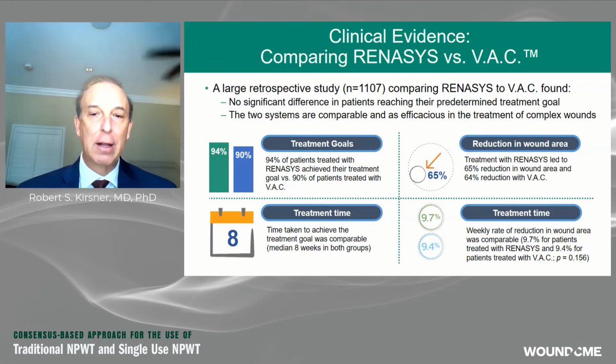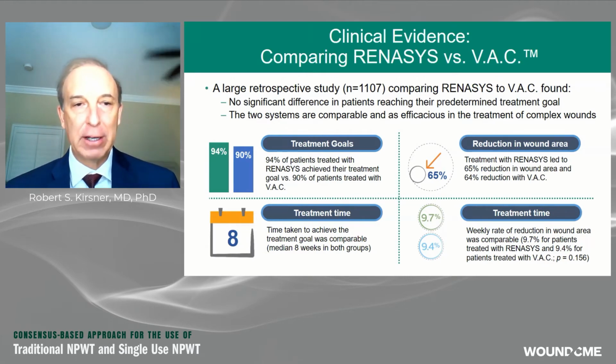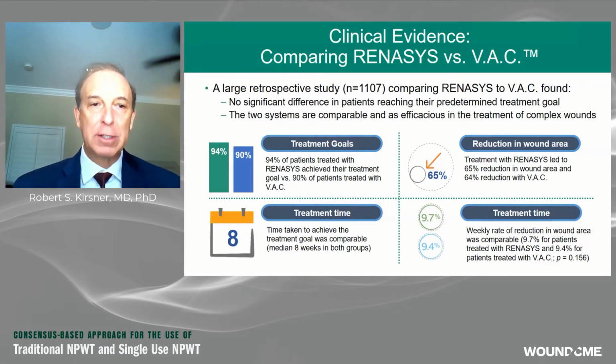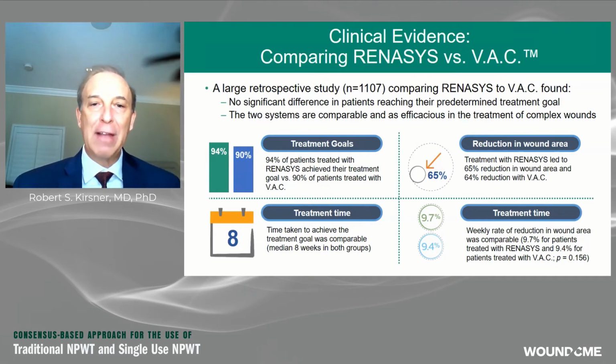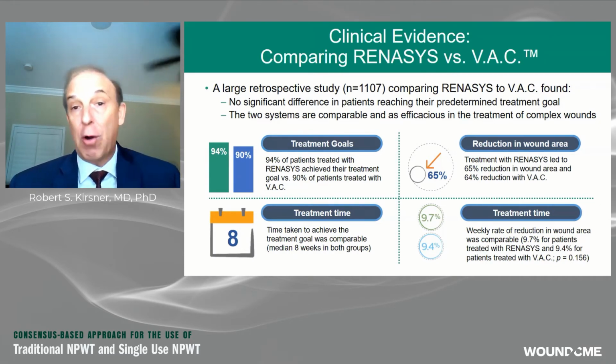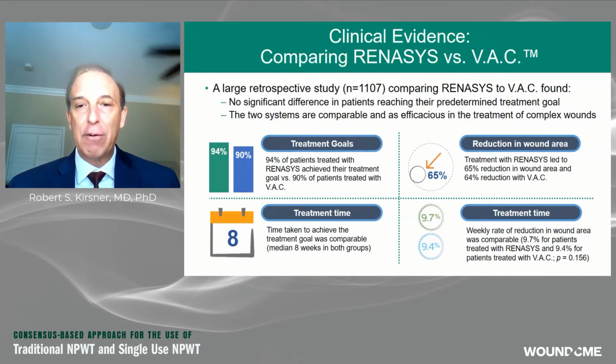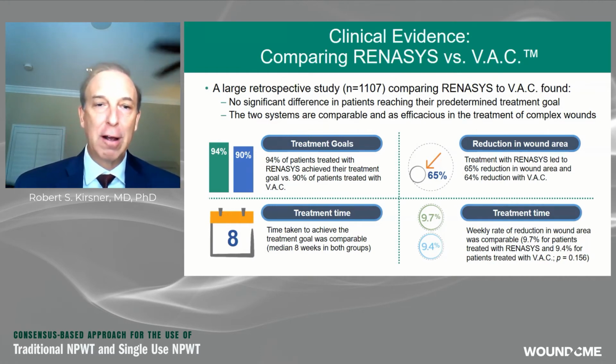Again, there was no statistically significant difference. So there were really no significant differences between their treatment goals, and they're quite comparable, but also highly efficacious for some of the complex wounds analyzed in this retrospective analysis.